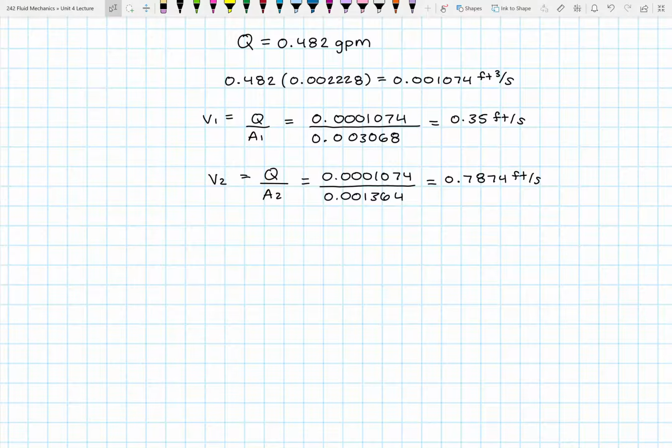And then probably the most important thing that I want you to pay attention to as I go through this part of the example is our new Reynolds number and what we do with this information.